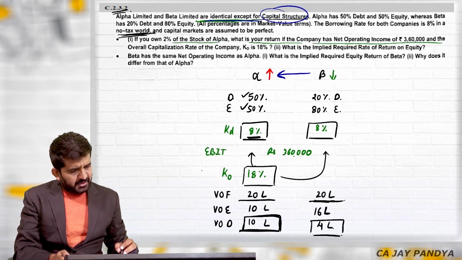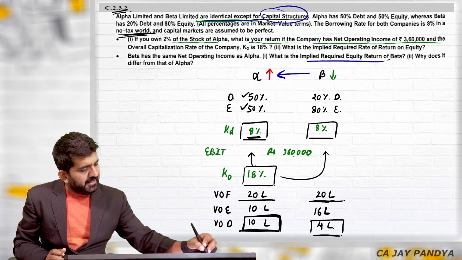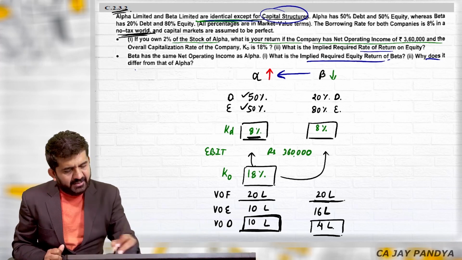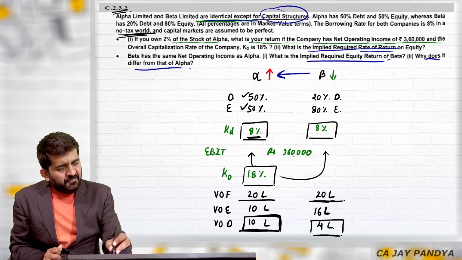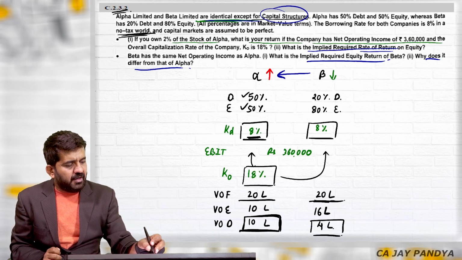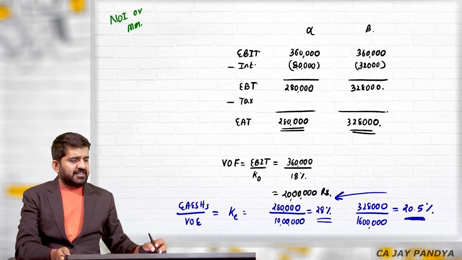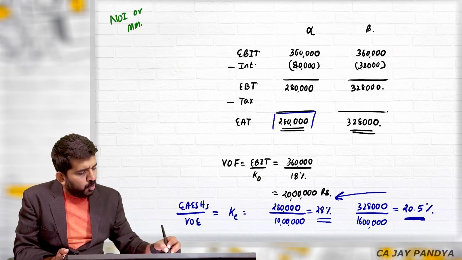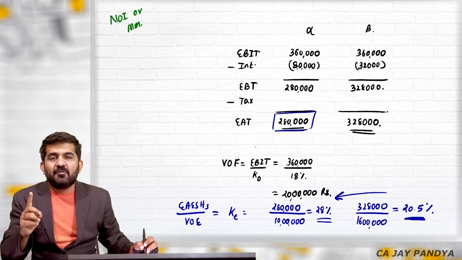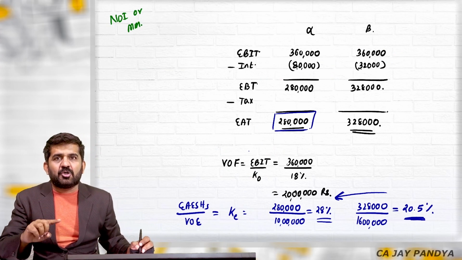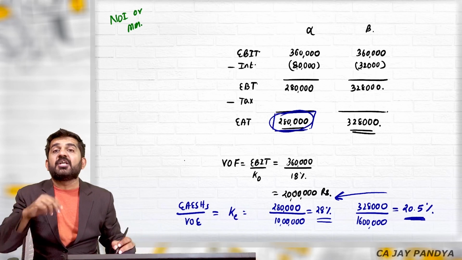They are also telling me to find out one more answer. Implied equity rate of return we have found out. Why does it differ from Alpha? If you own 2% stock of Alpha, what is your return if the company has a net operating profit of 3,60,000? What total earnings do the equity shareholders of Alpha get? We need to concentrate. Right now we are not talking about valuation, we are talking about earnings, so we take earnings of 1 year.